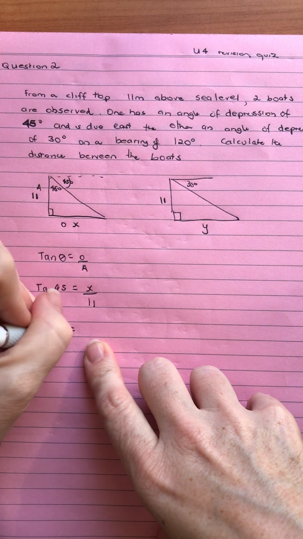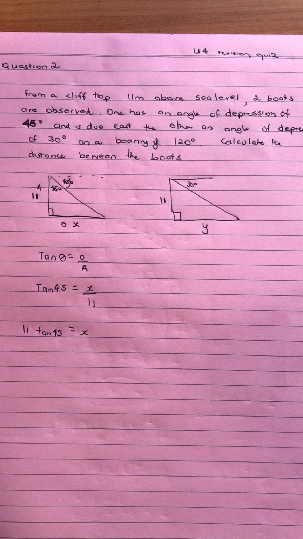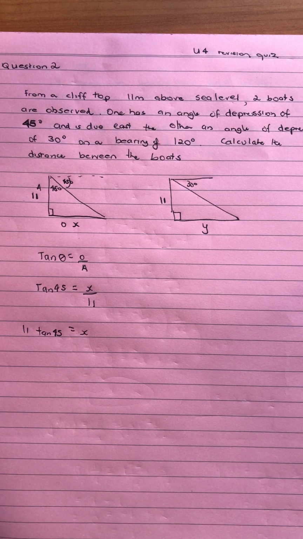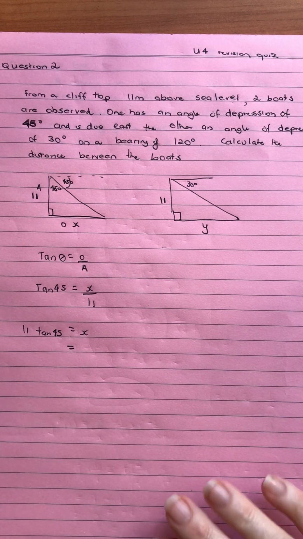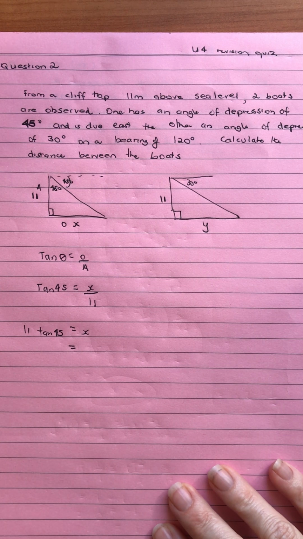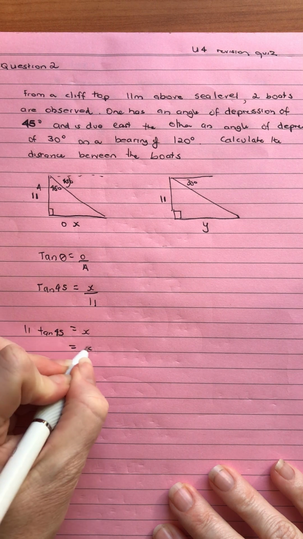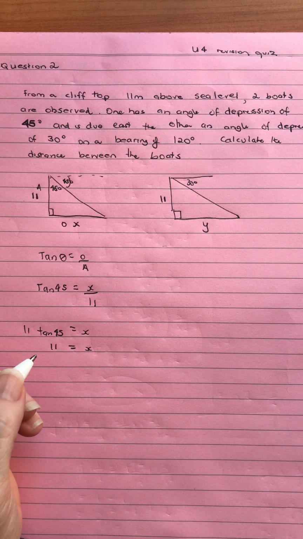So then our x will be 11 tan 45. This is a tech active question, so that's fine. I was just double checking if we needed to use our trig ratios if it was a tech free question. So when we do tan 45, we know that's equal to 1, so our x is equal to 11 for our first distance.